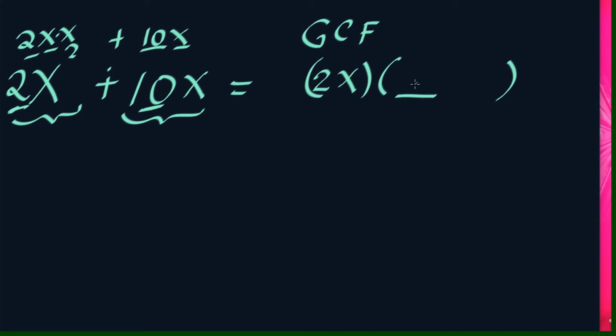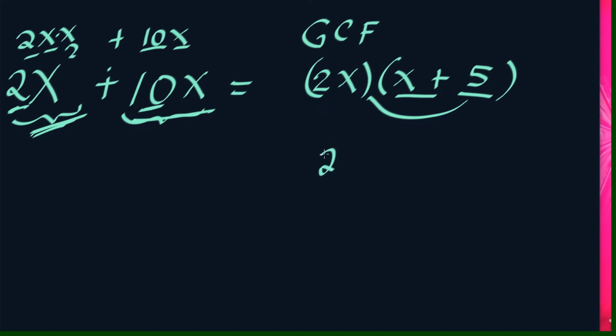Okay, and then let's look for what times 2x gives you this 2x squared. That's x. 2x times x is 2x squared. And then what times 2x gives you the 10x? That's a 5, right? So 5 times 2x is 10x.